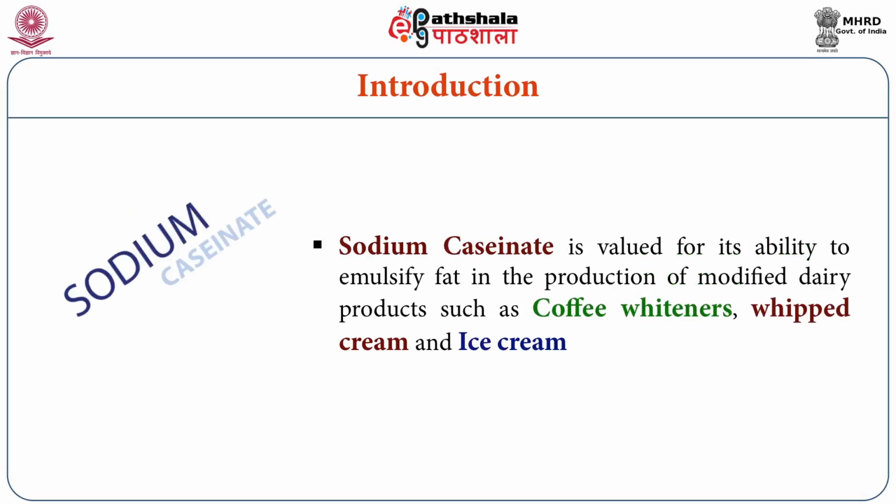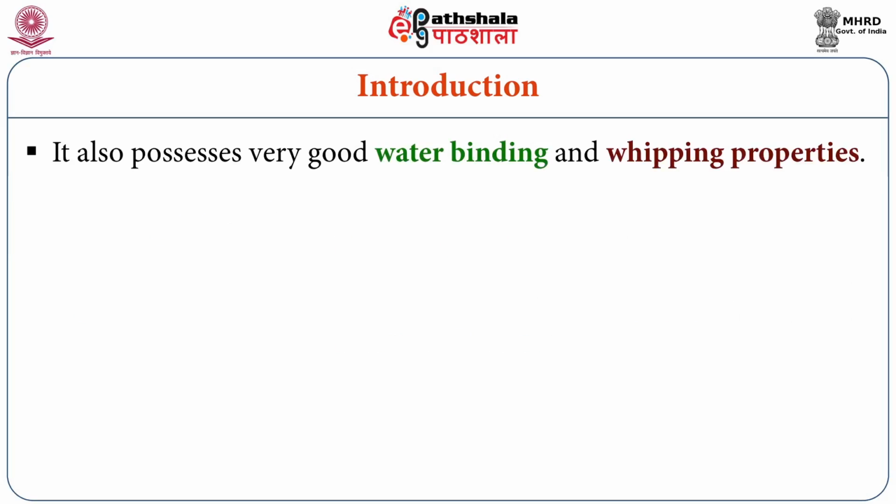Sodium caseinate is valued for its ability to emulsify fat in the production of modified dairy products such as coffee whiteners, whipped cream and ice cream. It also possesses very good water binding and whipping properties.